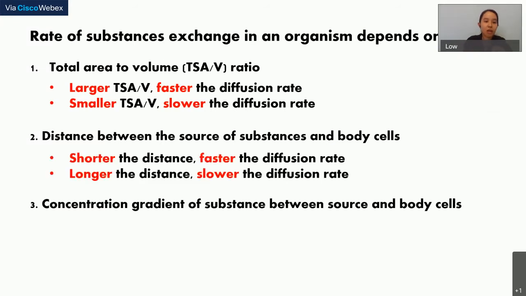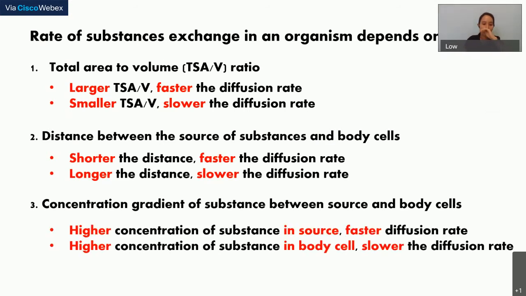So the next one, in humans, the distance between the inner cells of the multicellular organism and the source of substance is longer, so the diffusion rate is slower. Okay, the third one, let me give you some examples.